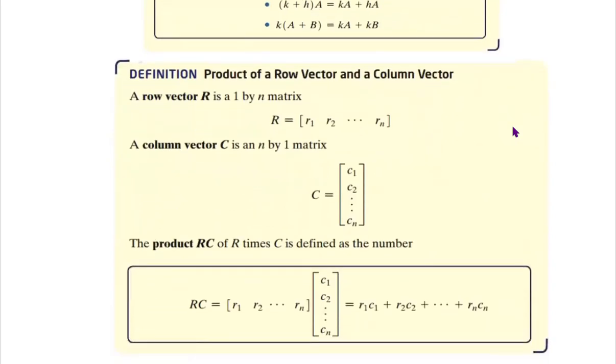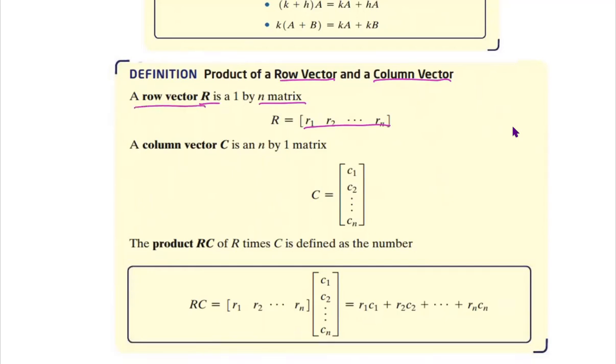So we also have what we call a row vector and a column vector. A row vector is a matrix that has one row and then n columns.